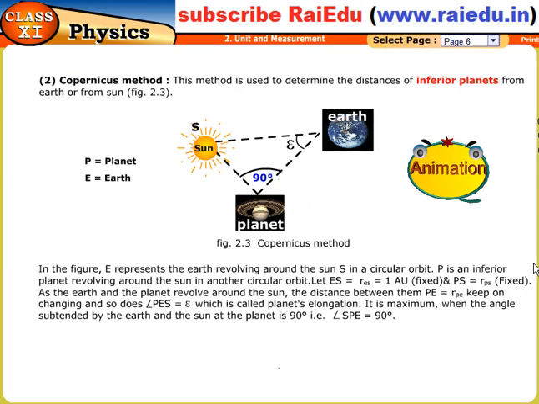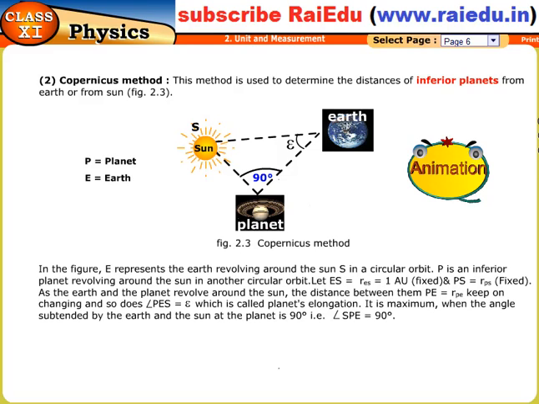In the figure, E represents the Earth revolving around the Sun S in a circular orbit. P is an inferior planet revolving around the Sun in another circular orbit. Let ES equals RES, which equals 1 AU fixed, and PS equals RPS fixed.